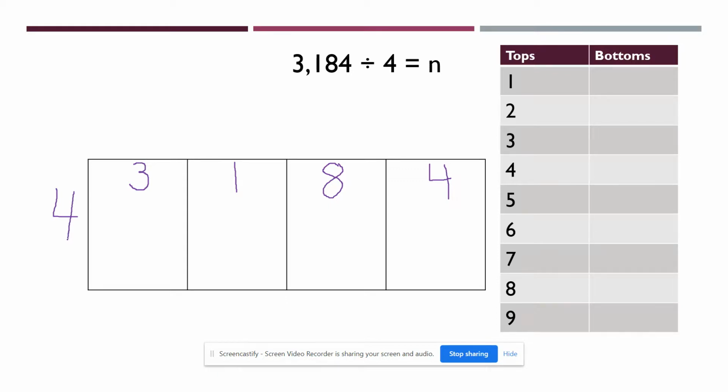Now I'm going to create my tops and bottoms chart for my multiples of 4. So remember, I'm thinking one group of 4, or 1 times 4, is 4. And then I think 2 times 4 is 8. And I continue adding another group of 4 all the way down to the 9th multiple.